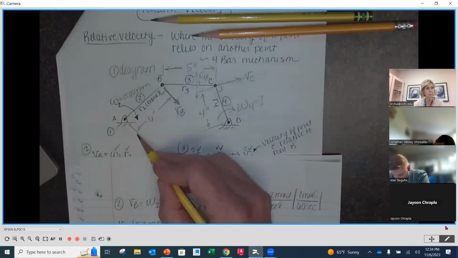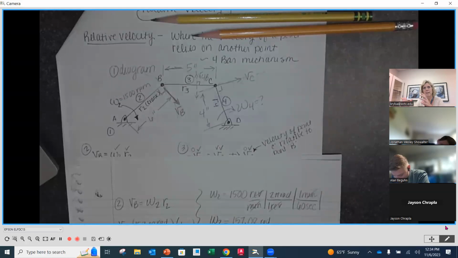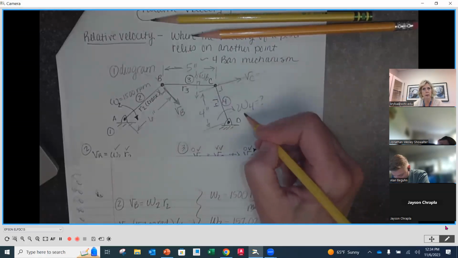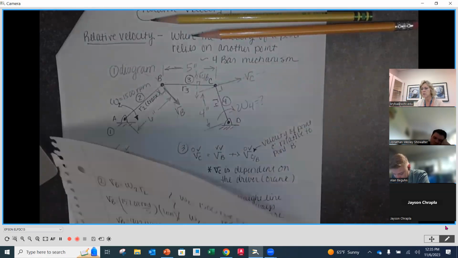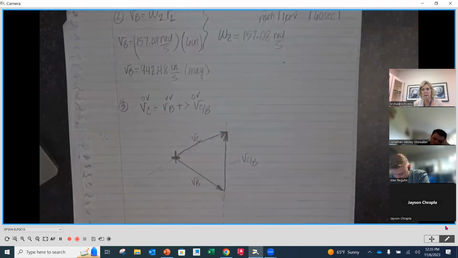If our driver is rotating in a clockwise direction, this is also going to want to go clockwise, right? And that means that being perpendicular to that link, velocity C is going to go up and to the right. So check those things out to make sure that it all makes sense. Okay, so the direction here indeed does make sense.